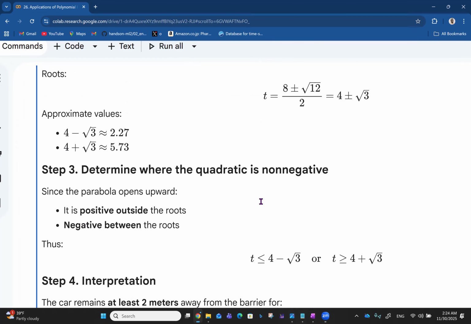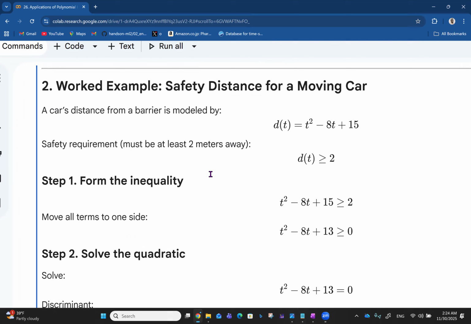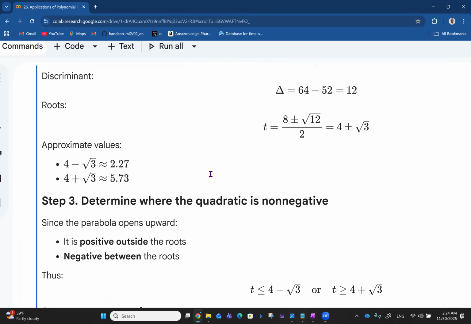We said already that since the parabola opens upwards, the original expression we have, the distance modeled, goes in the form of a parabola. So in this case, it is positive outside the roots. So we have these two roots now, and see that it is less than or equal to the small one, or greater than or equal to the big one.